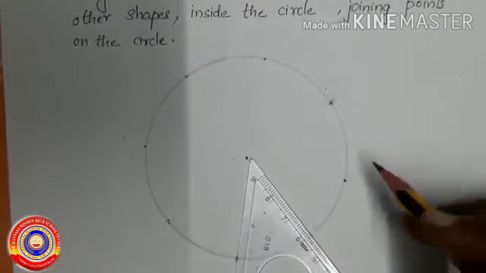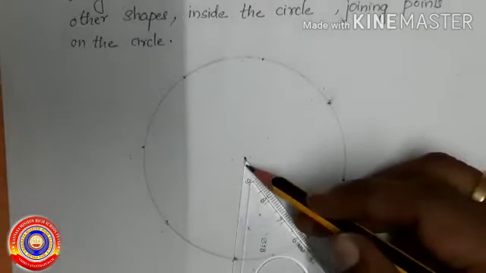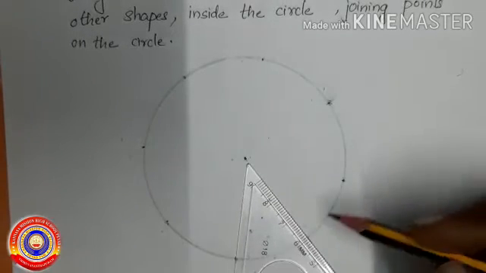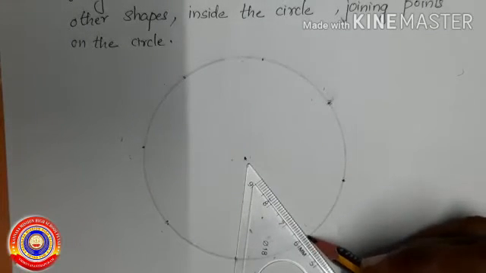Now mark the last point by placing the slanting corner on the center and one edge on the point last marked.